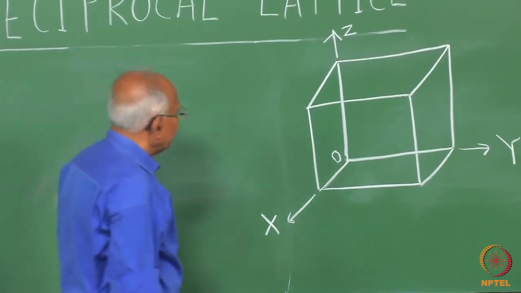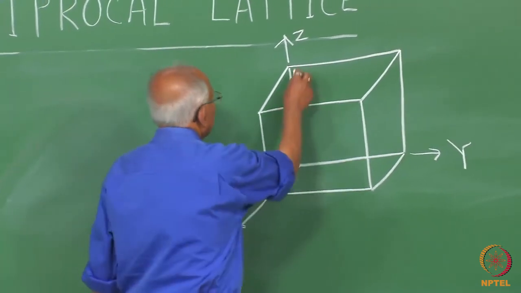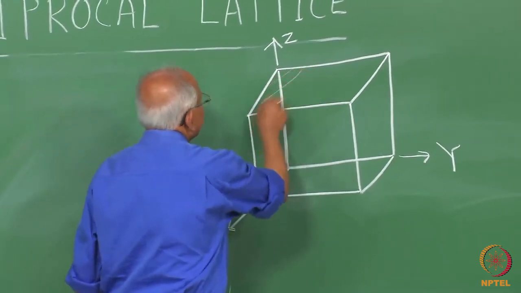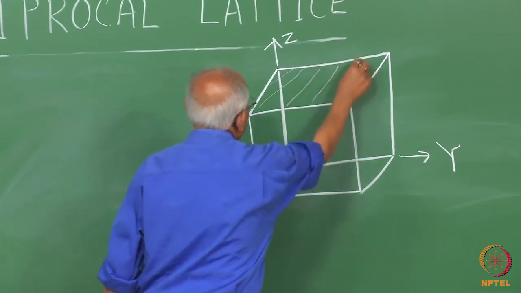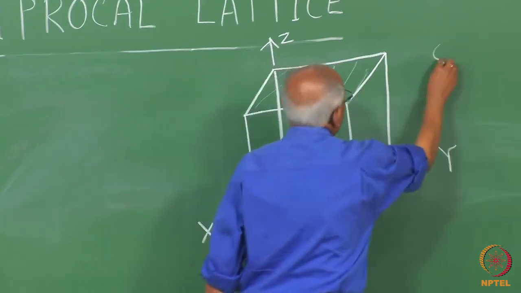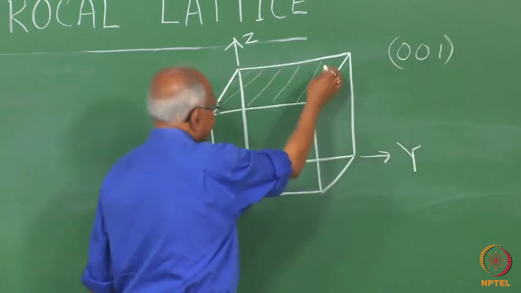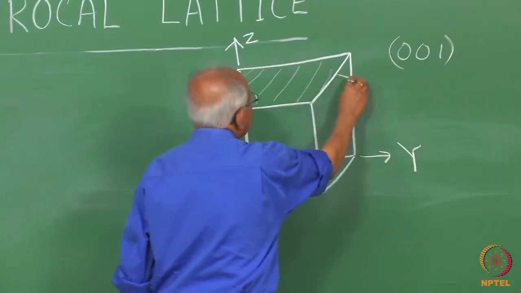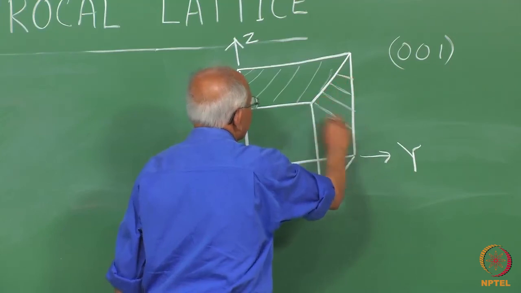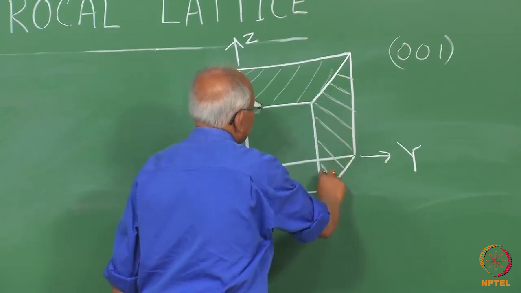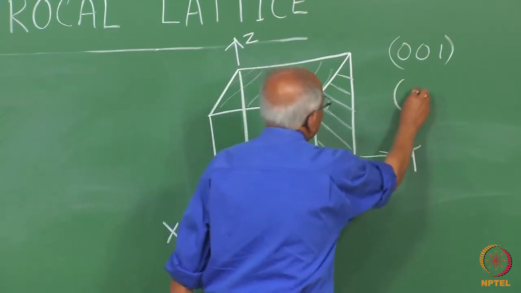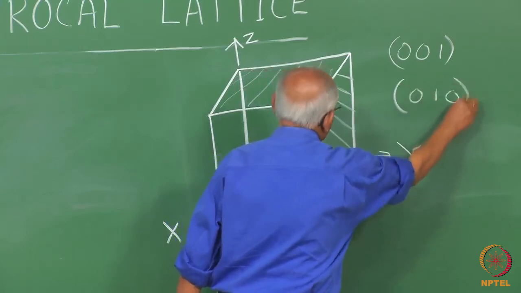Now, if we look at the top plane over here, we know that the top plane is the 0, 0, 1 plane. If we take the right hand side plane here, this is the 0, 1, 0 plane.